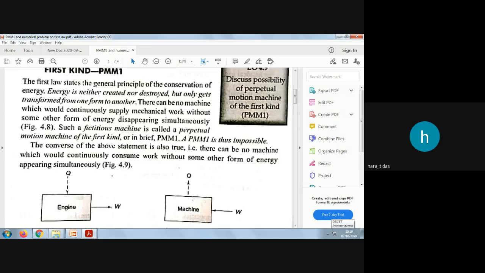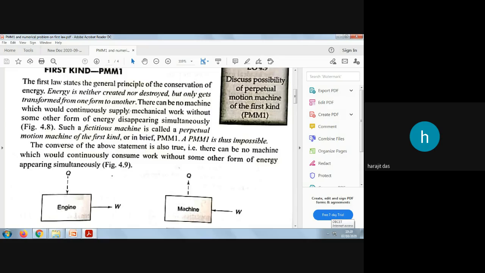Automatically, some form of energy cannot be evolved from a machine. There must be some other form of energy interacting with the system. If that happens, it is an imaginary machine, and that imaginary machine is called a PMM1 machine.